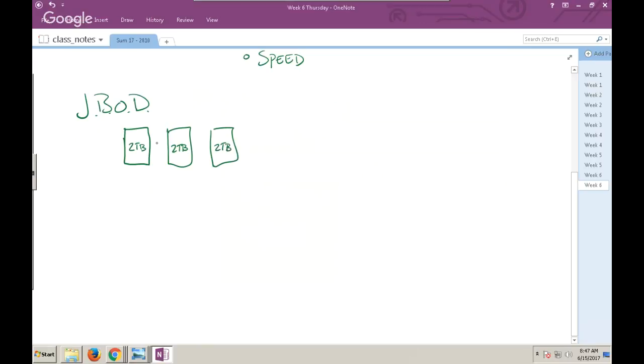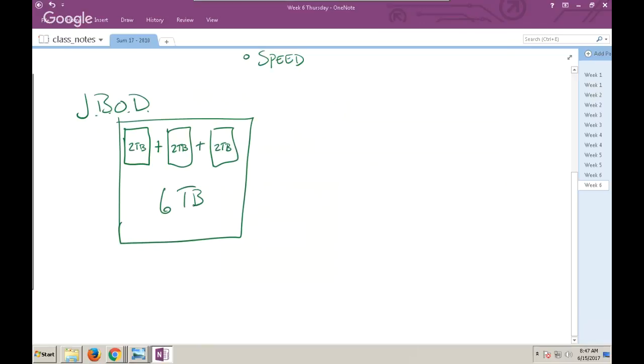In a JBOD, that simply means we are going to treat them as if I had one really big disk of 6 terabytes. And the RAID controller will be responsible for figuring out the translation of what thing is on which physical disk, finding it and retrieving it.